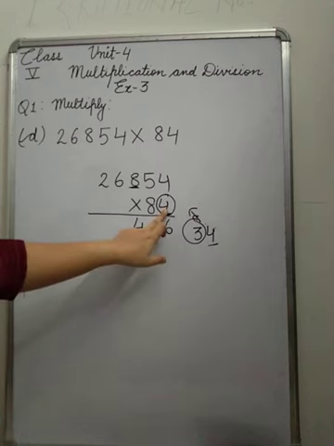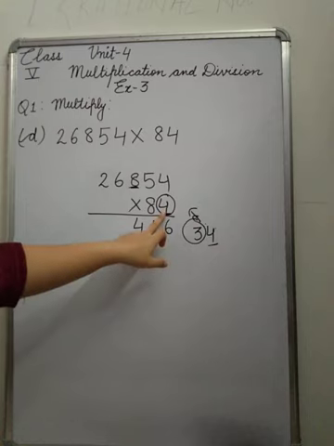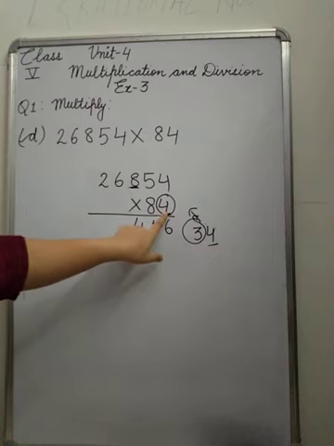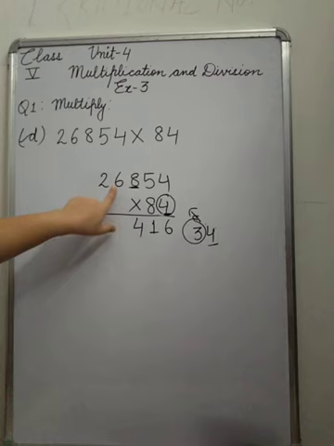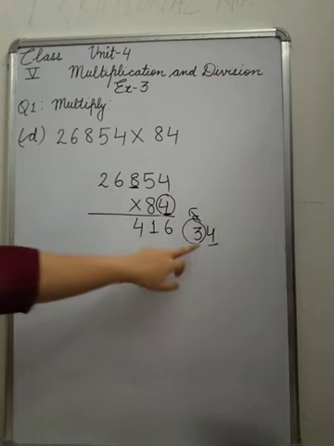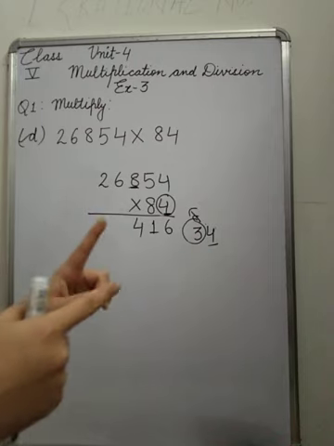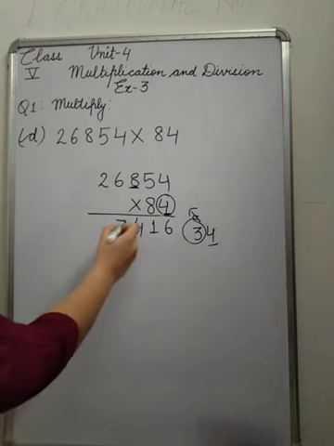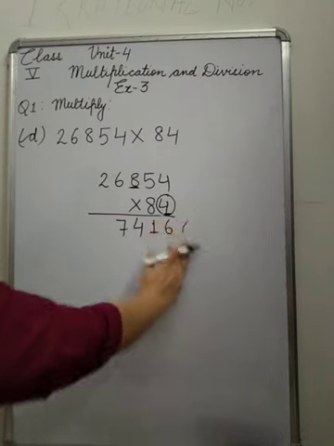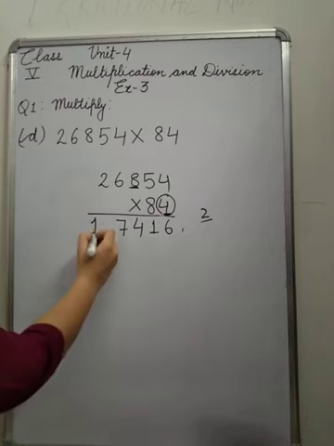Keep in mind that we have to multiply with this number only. 4 6s are 24 plus 3, that is 27. Place that 7 here and 2 is carry. 4 2s are 8, 8 plus 2 will be 10.